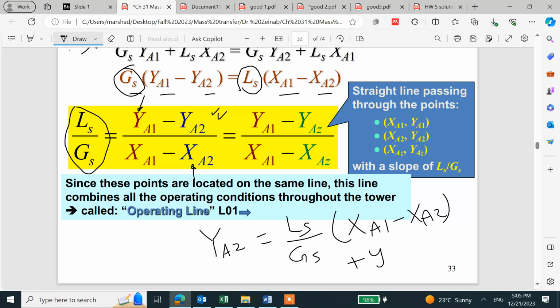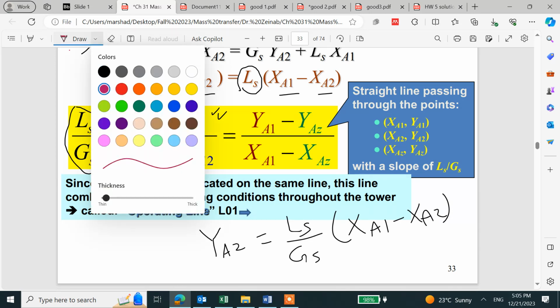this. Okay, so YA1 minus YA2, so YA2 will be this minus YA1.